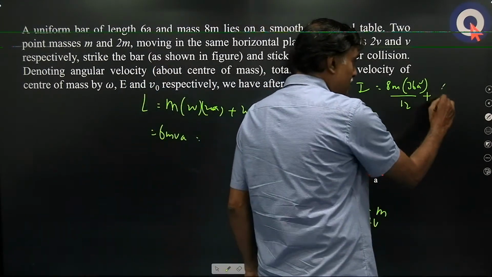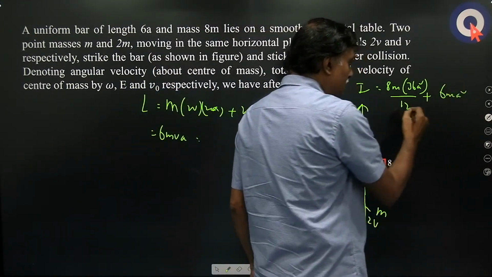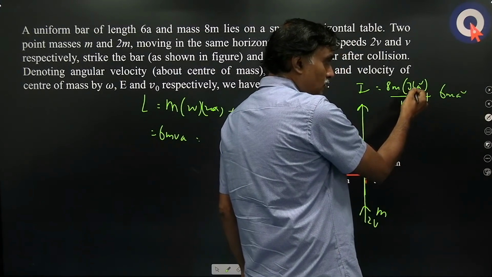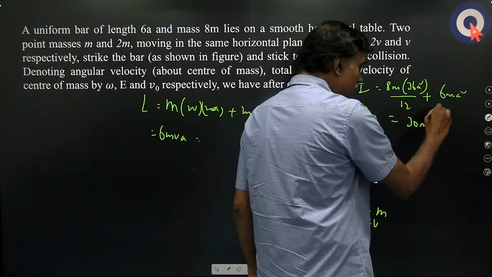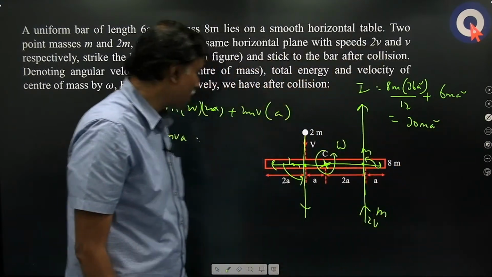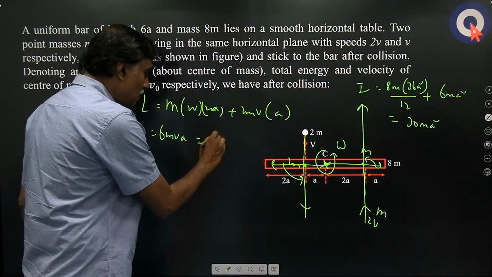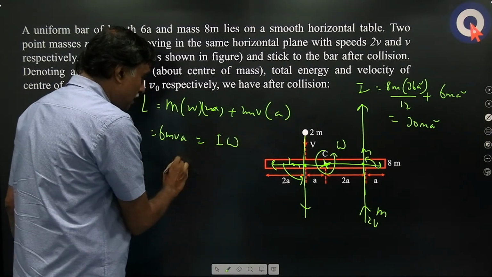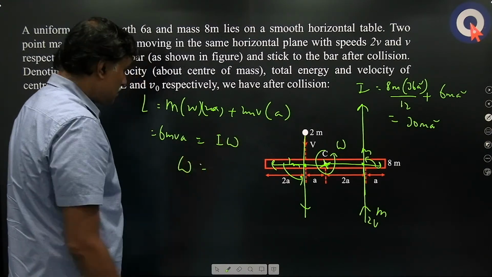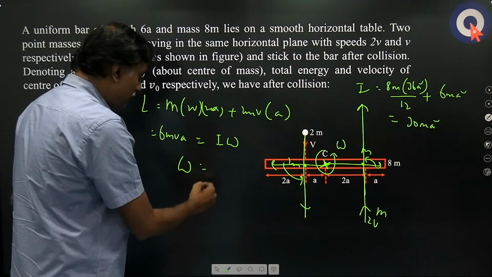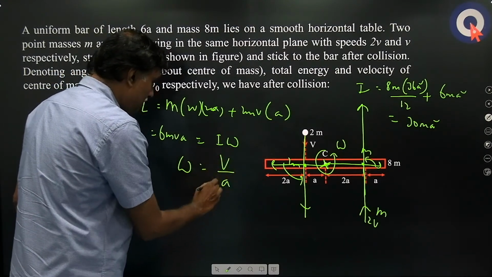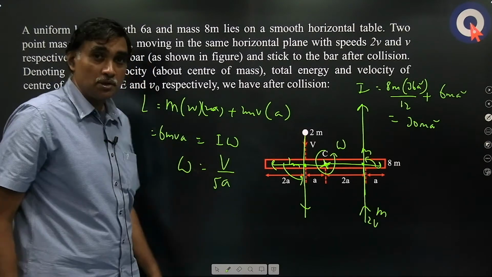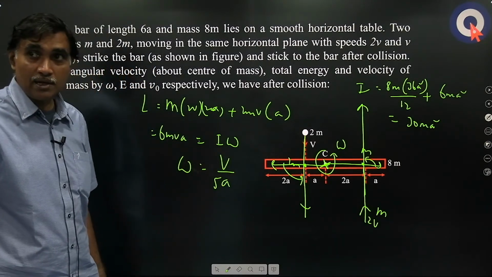So 6ma square, and the rod gives 24ma square, and 24 plus 6 is 30, so you will get 30ma square. That is the moment of inertia of the system. So if 6mva equals I into omega, what is omega? Dividing by 30, you get v by 5a. So omega is v by 5a. This is the angular velocity of the rod immediately after collision.